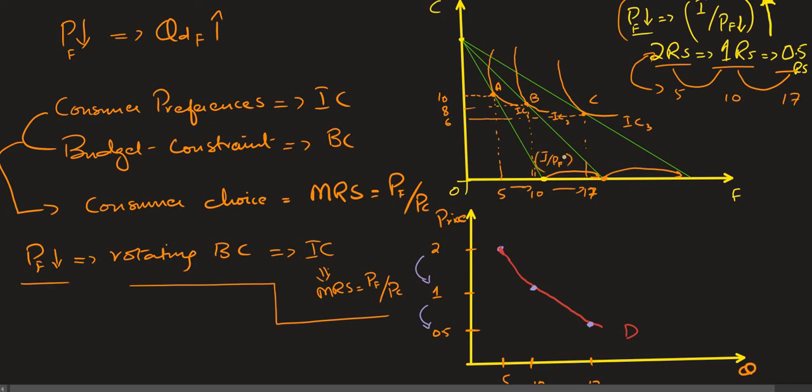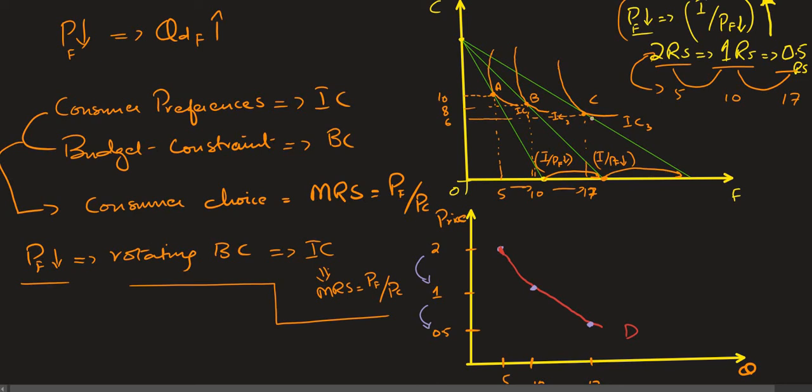And we said that the prices have declined from 2 rupees to 1 rupee. So we have rotated this budget constraint from here to here. Again the price of food has declined, so we have increased the consumption.